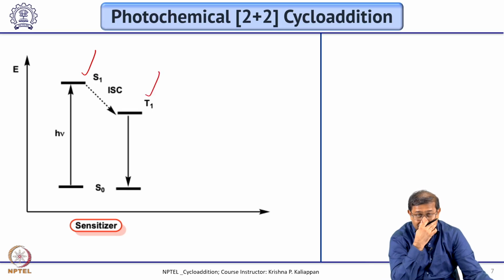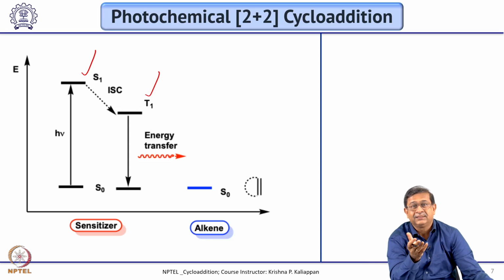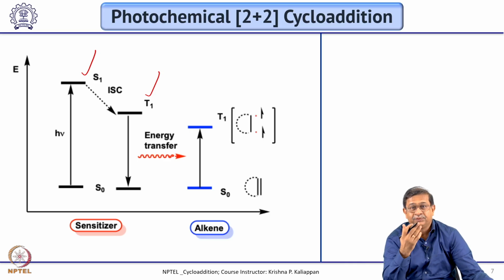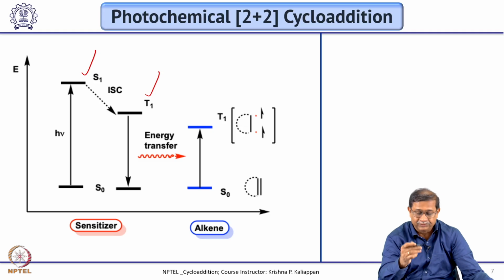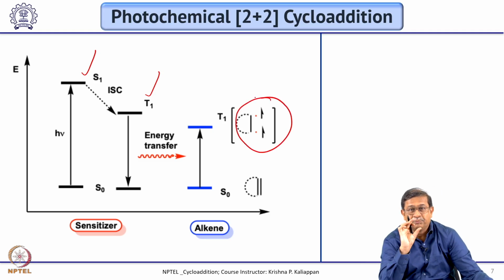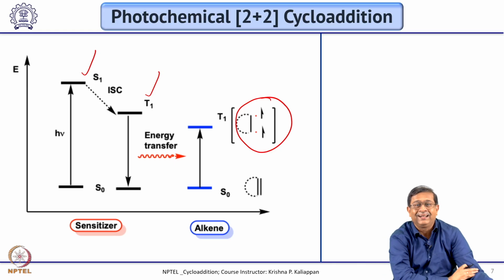From the triplet state, it can come to the ground state, or it can transfer the energy to the alkene. Once it transfers energy, the alkene undergoes further excitation to give the triplet state. So now you can see this goes through a biradical mechanism. That is why the photochemical 2+2 cycloaddition reaction mostly goes through biradical intermediates.